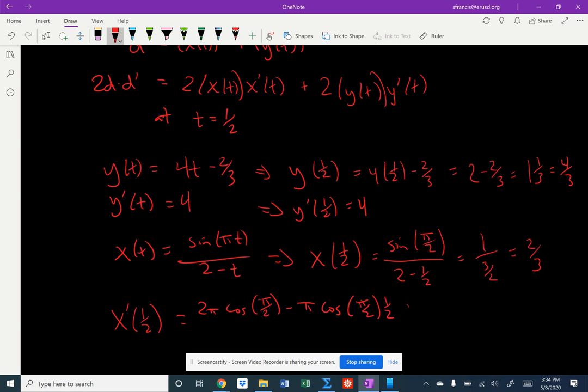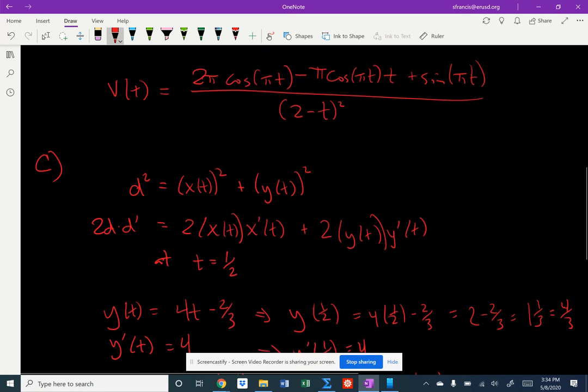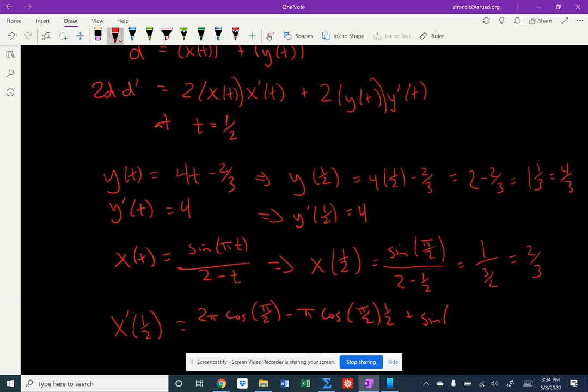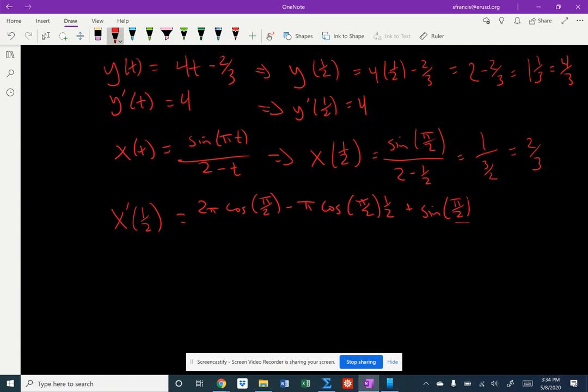I'll have to double check. And then it was plus, or it was sine. Okay, so this would be sine of pi over 2. And then down here, we're going to have 2 minus 1/2 squared.